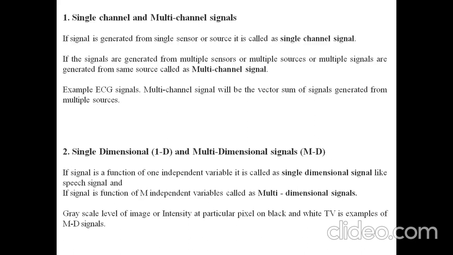If a signal is a function of m independent variables, we say it is a multi-dimensional signal. An example is the grayscale level of an image, or the intensity at a particular pixel on a black and white TV, which is an example of a multi-dimensional signal.